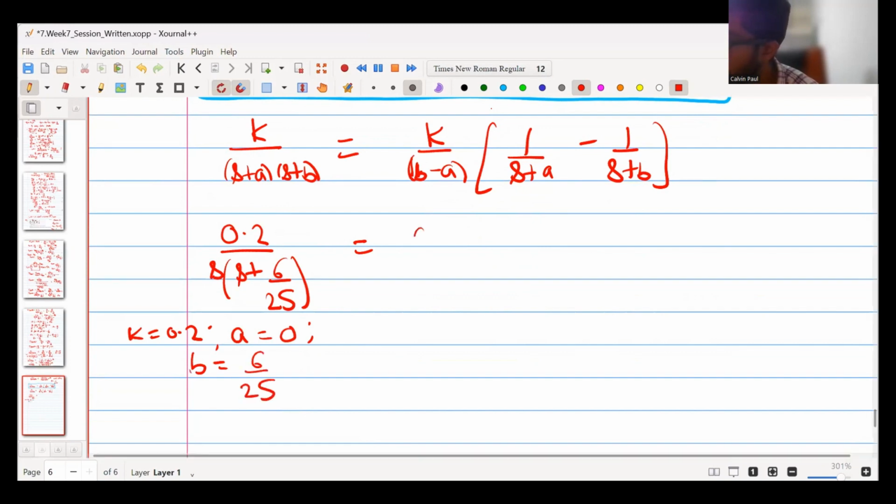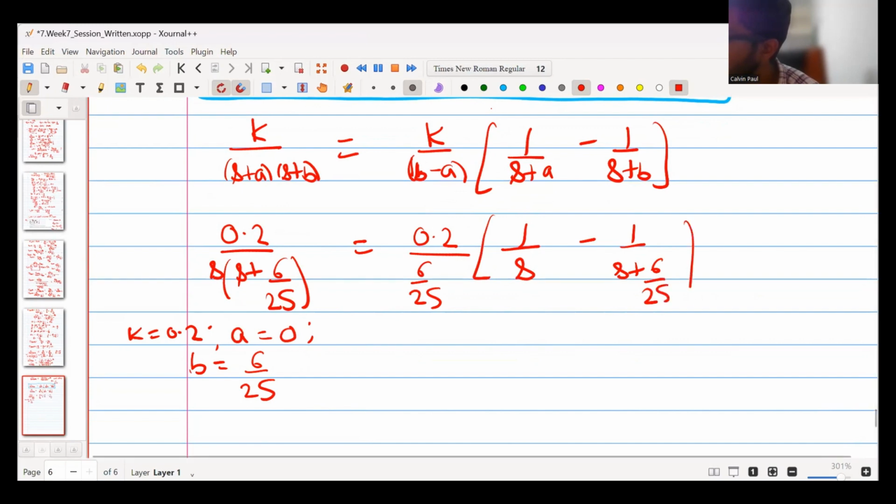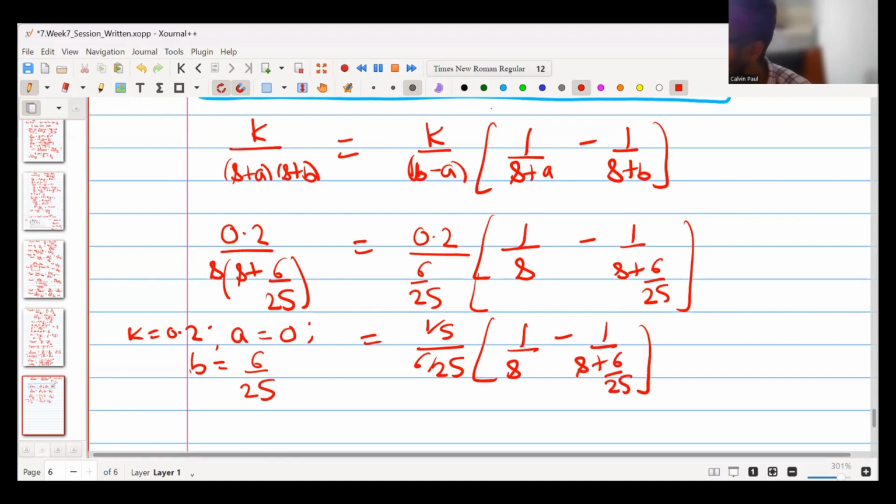So this is actually equal to 0.2 upon b, that is 6 upon 25, into 1 upon s plus a, that is s, minus 1 upon s plus 6 upon 25. 0.2 can be written as 1 by 5, so 25 and 5 becomes 1 by 5.